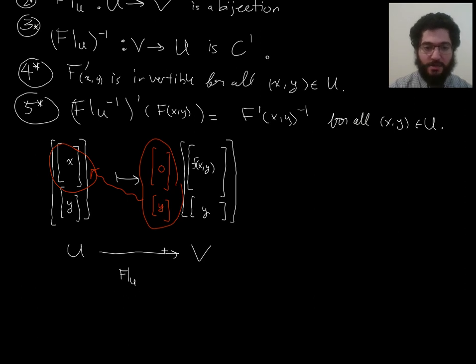We can say, okay, what x would get sent to 0, y? Whatever that x is, it has the property that, when paired with y, it makes this 0. In other words, x and y satisfy the list of equations that little f is specifying.